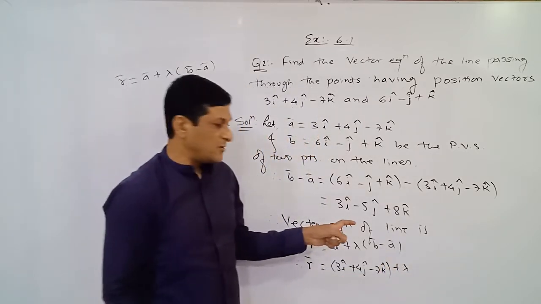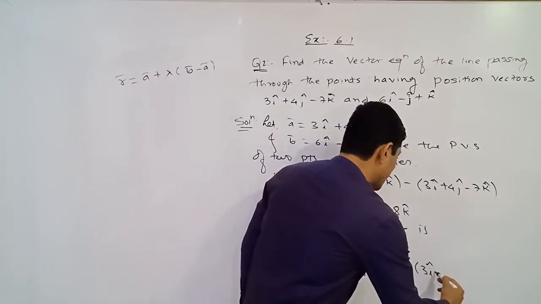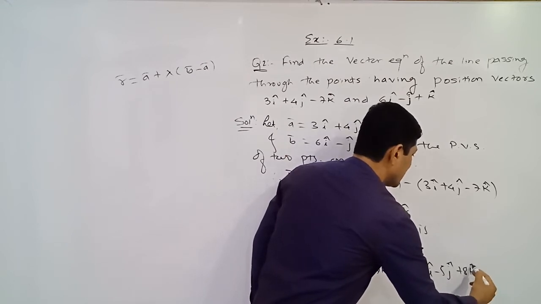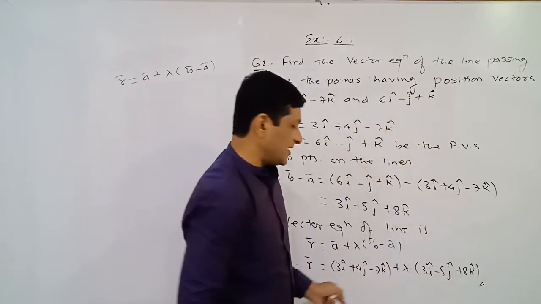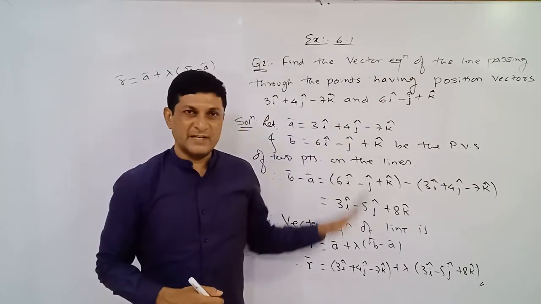Just now we have got the value of b bar minus a bar, that is 3i cap minus 5j cap plus 8k cap. In this way, we have got the required equation of the line passing through the two points having these position vectors.